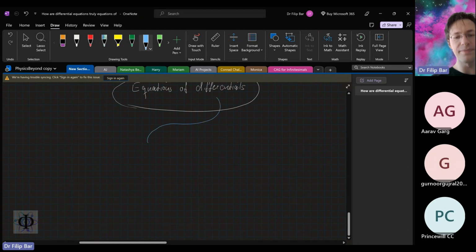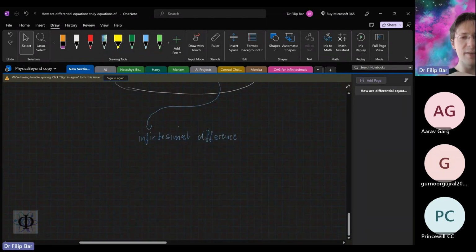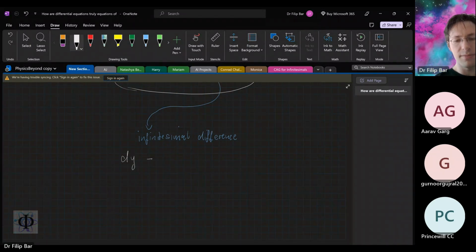Now, first of all, what is a differential, right? What is that? That is an infinitely small difference, so an infinitesimal difference. Right? Now let's look at that. So we would, for example, write it as dy. What is y?